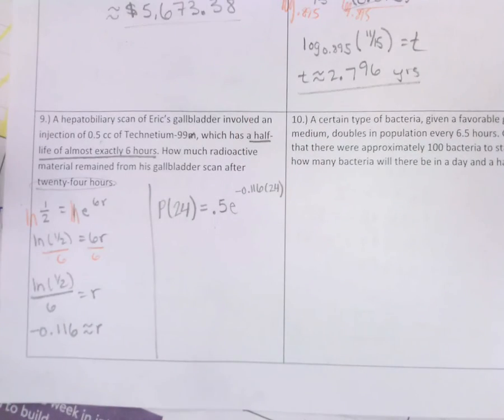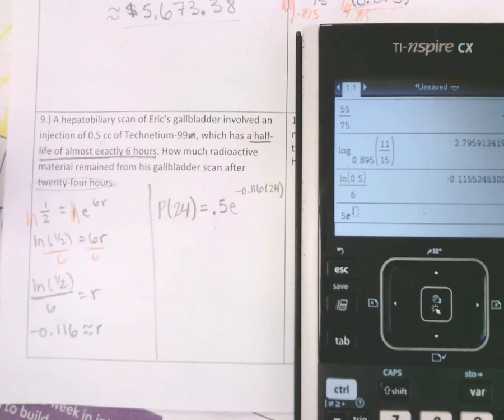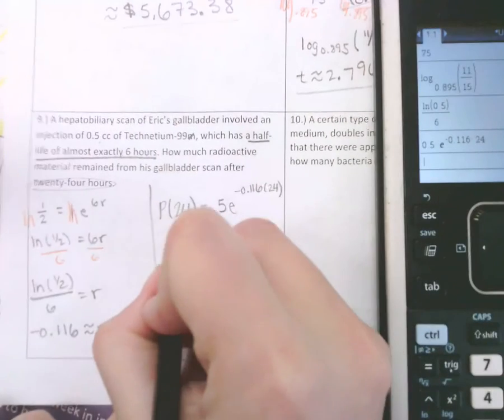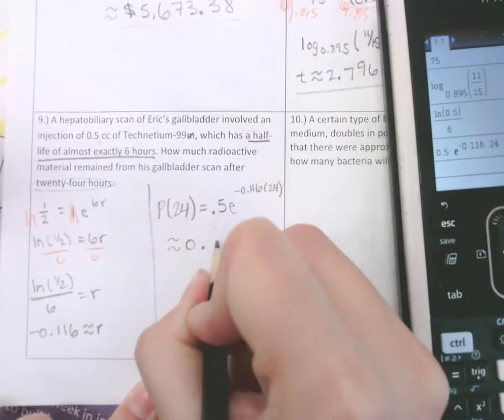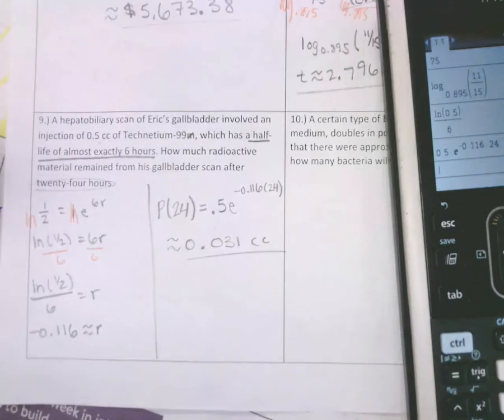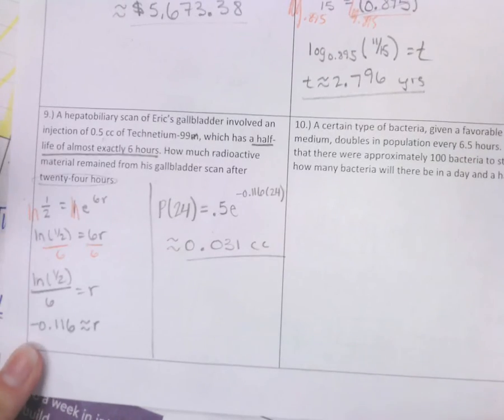And all I have to do is plug that into my handy dandy calculator. So I get approximately 0.031 cubic centimeters. That's like 3/100ths of a cubic centimeter. That's a very, very small amount.